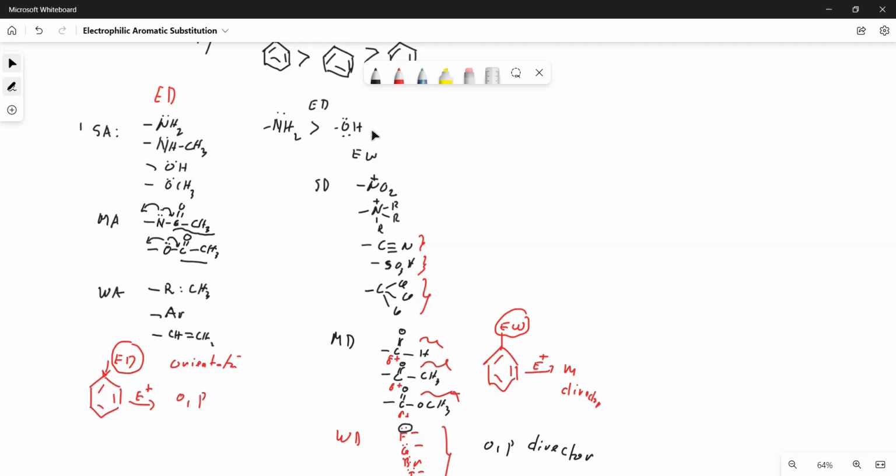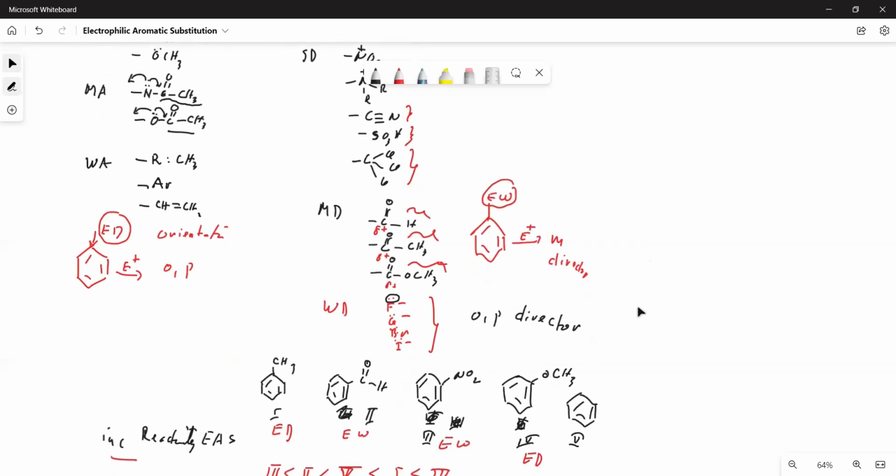For electron withdrawing groups, they withdraw electrons at the ortho and para carbons. So the electron density at the ortho and para will be very low. Therefore, if this is an electron withdrawing group, the electrophile will not be anchored at the ortho and para. It will be anchored at the meta position. So that's why electron withdrawing groups are called meta directors, except, there's an exception now, okay?